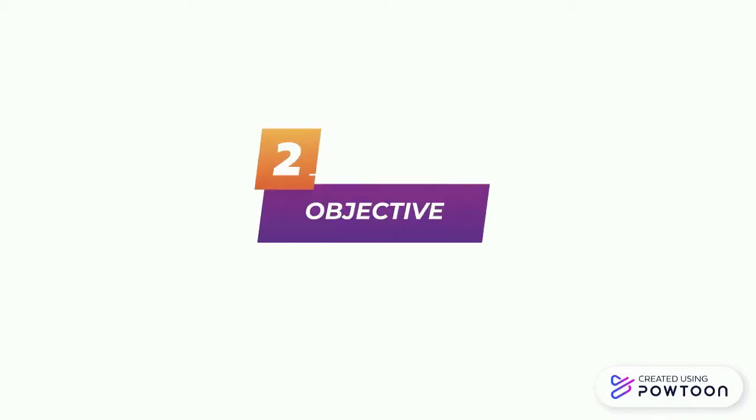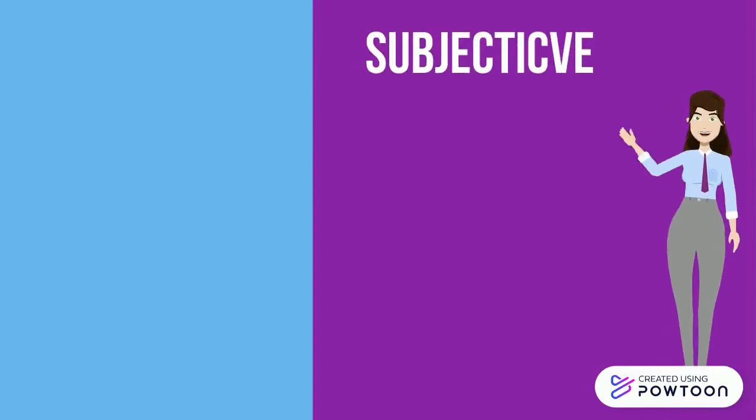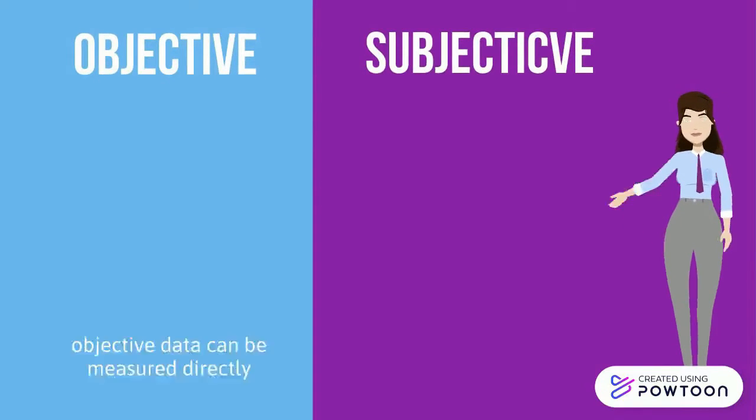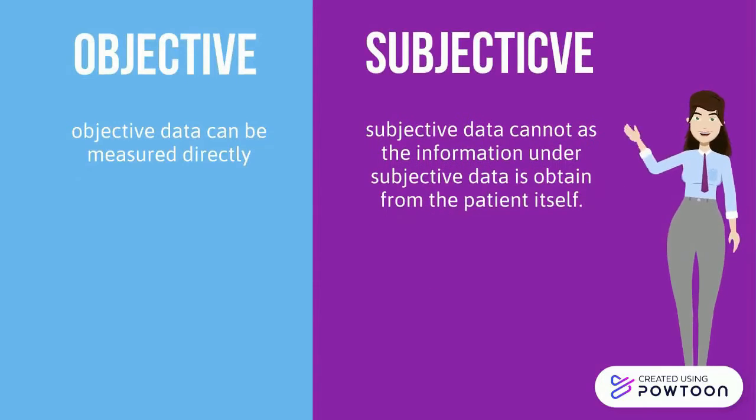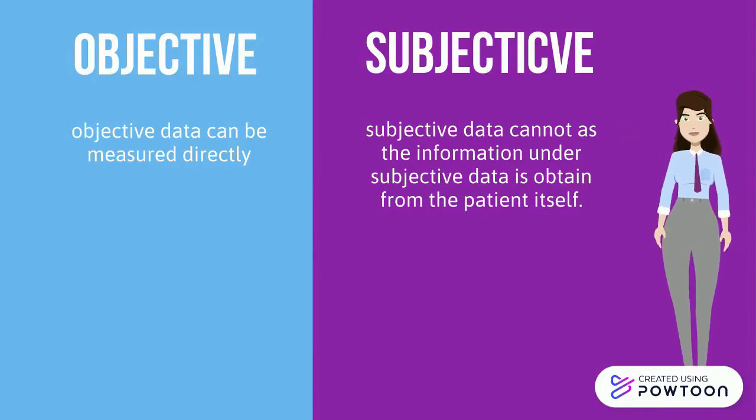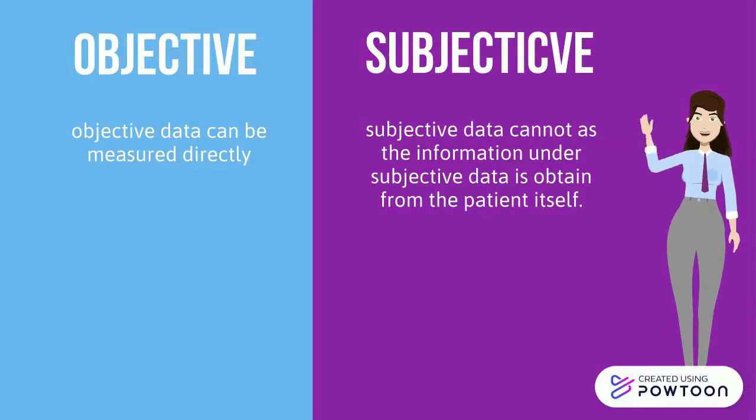So let's move on to the objective. In the objective part, it includes relevant objective data only. The difference between subjective and objective is that objective data can be measured directly, while subjective data cannot, as the information under subjective data is obtained directly from the patient.